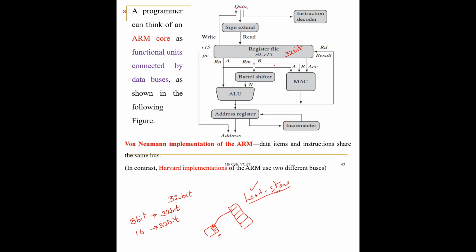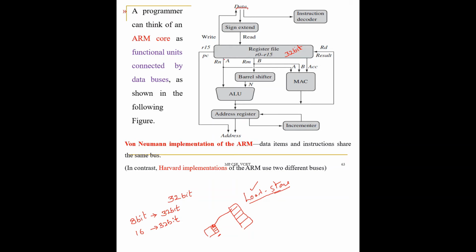If the data is not 32-bit, it gets sign extended, and later it will be placed in the register. As I said, my ARM processor has two source registers, that is Rn and Rm, and one destination register, that is Rd. So your data is in the source register right now. From the source register, you want the data to be moved on to the ALU.